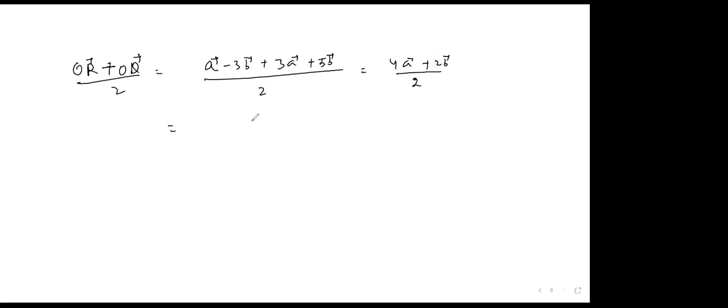Taking 2 common in the numerator, we get 2 times (2a plus b) divided by 2.